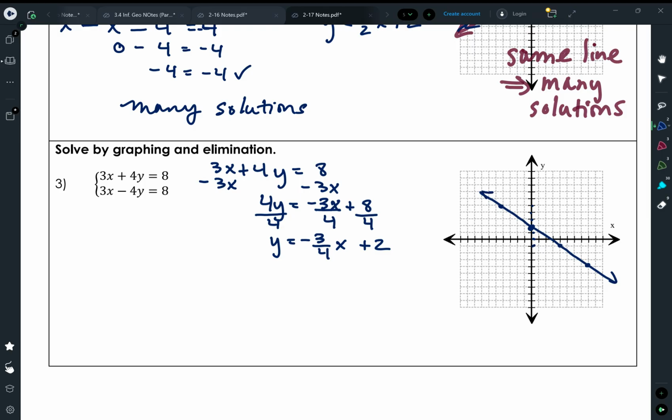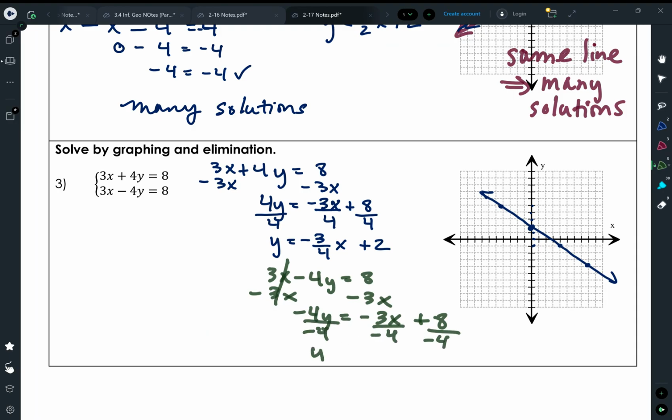Okay, so for the second one, we want to do the same kinds of steps. If we have 3x minus 4y equals 8, we want to subtract 3x on both sides. And then we're going to be dividing through by a negative 4. So divide by negative 4 all the way through.